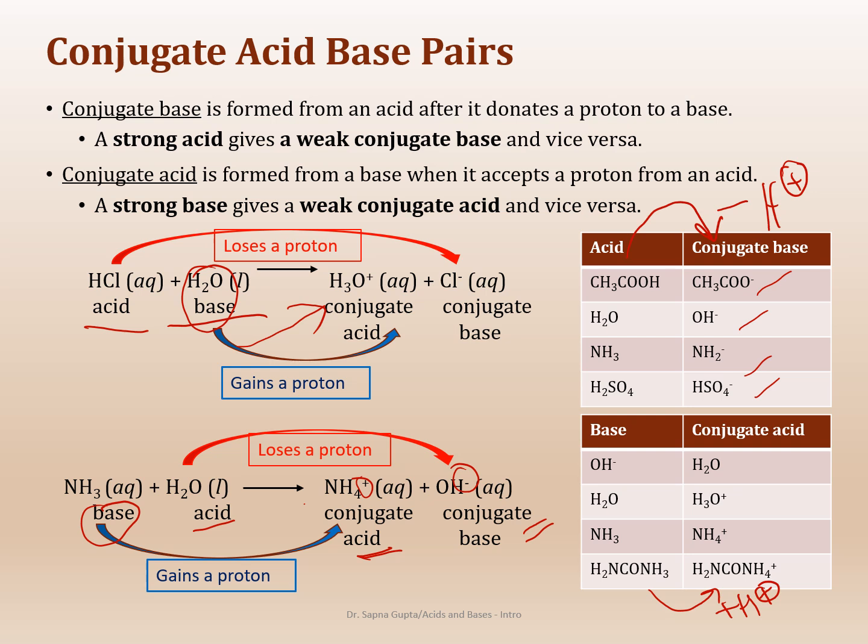Again, it can be neutral or not. Here, going from negative, picking up a proton to become H2O. H2O picking up a proton to become H3O plus. So we're getting conjugate acids. Conjugate acids can be neutral or positive. Hopefully all of these examples help you out a little bit in identifying the conjugate acids and bases.